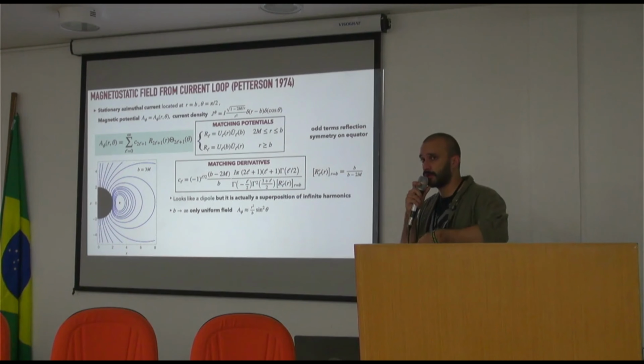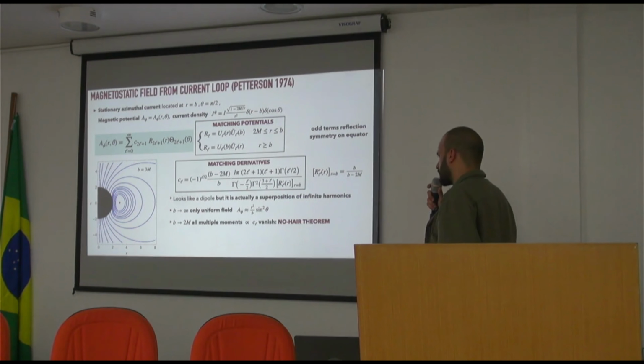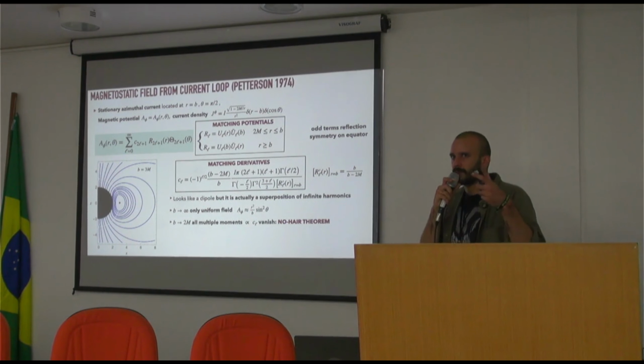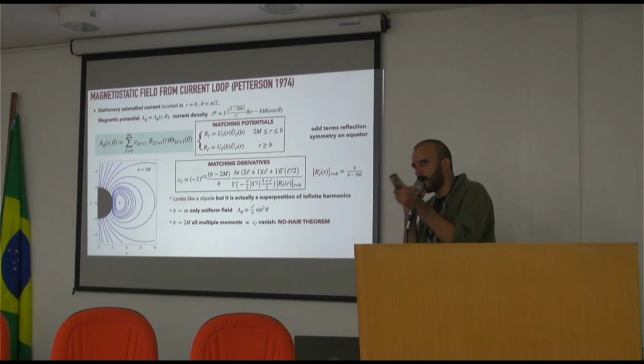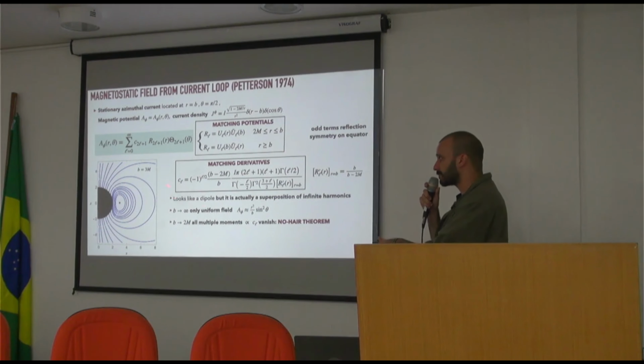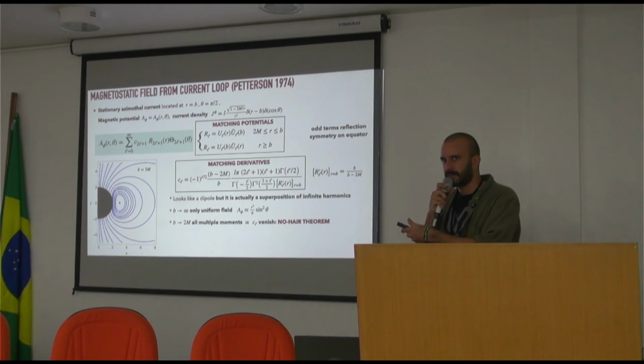But what happens if we push the current towards the black hole? Well, in this case, we have to be consistent with the no-hair theorem. And the no-hair theorem says that a black hole, if it has some magnetic properties, must depend only on the electric charge, which this black hole doesn't have. So in this case, everything must vanish.